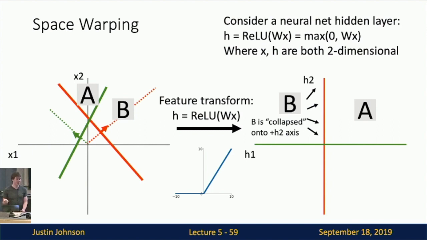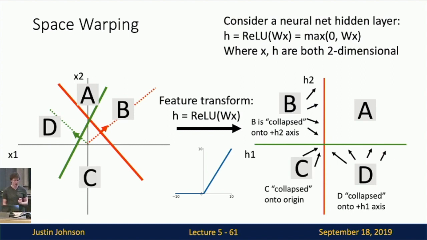What geometrically happens in this case is that the entire B quadrant in the input space is now collapsed onto the positive h2 axis in our transformed feature space, which is very dramatically different from what's going on in the linear classification setup. And a similar thing happens with quadrant D. It's now collapsed onto the positive h1 axis because of the ReLU function. And now quadrant C is really tight for space because all of quadrant C is now packed into the origin in our transformed feature space.